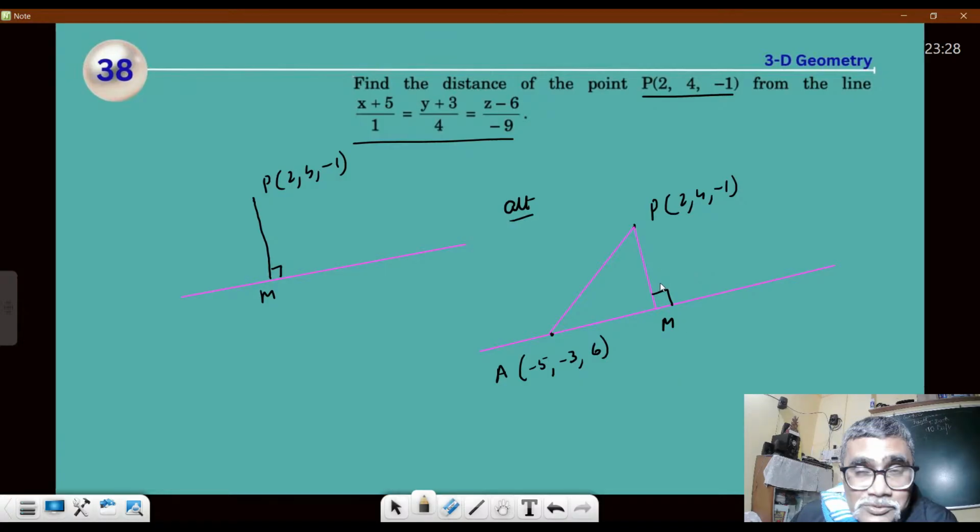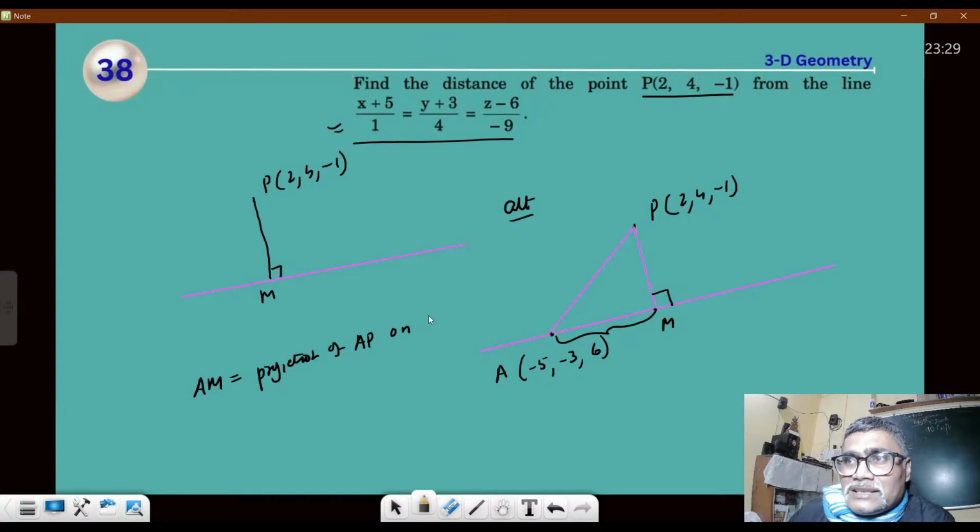So how will you do it? Can you find this length? You have to use this. So AM is actually the projection of AP on this line. This line means this vector. In vector form, you can write.